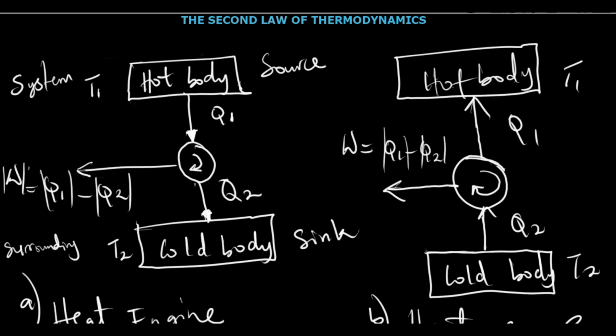So the source is the hot body and the sink is the cold body. Heat generated from the hot body is transferred to the heat engine, does work with it, and then dumps or sends some part of the energy down to the sink, since energy can neither be created nor destroyed.